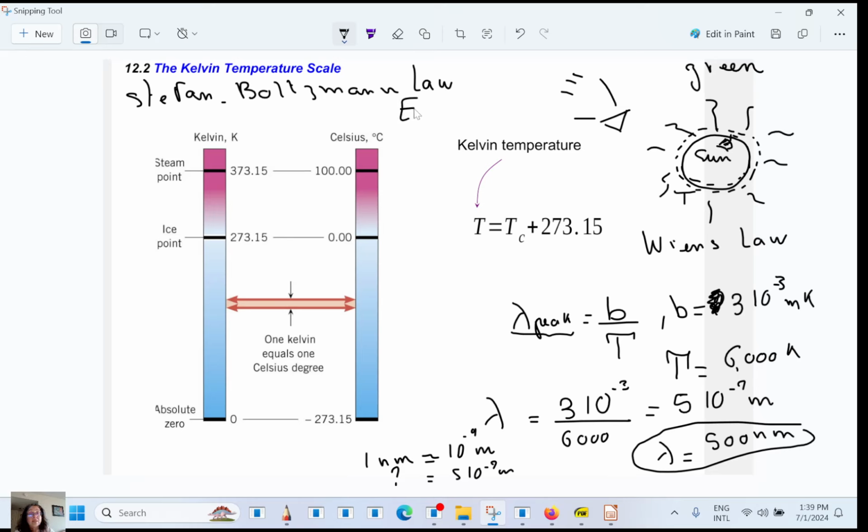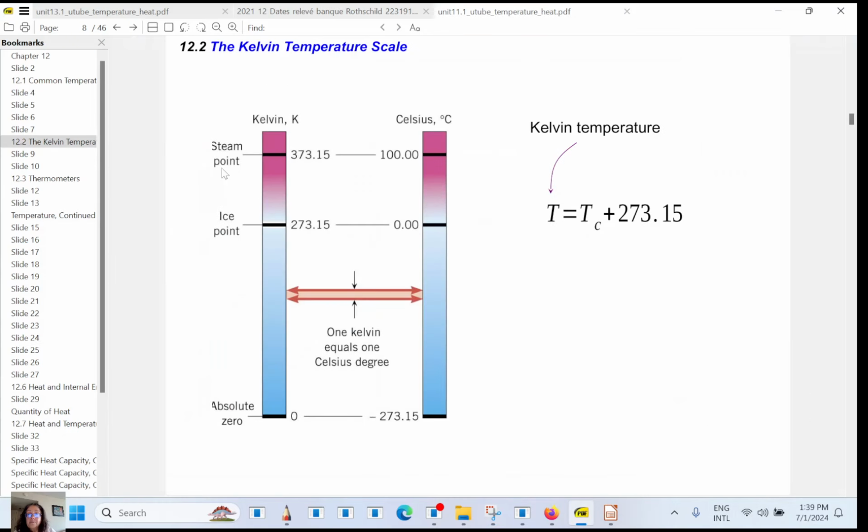Okay, so the energy emitted per unit second per unit area is proportional to the fourth power. And you are using temperature in Kelvin. So these are two examples you could find because they are very simple applications. Okay.